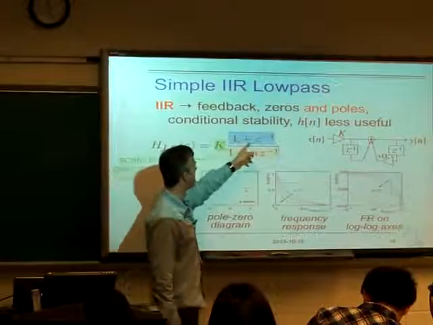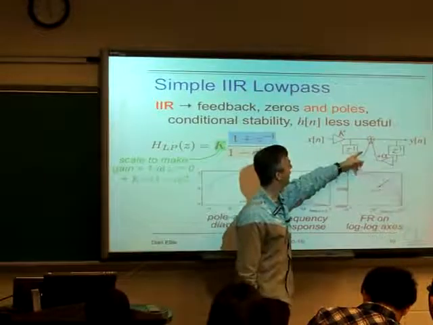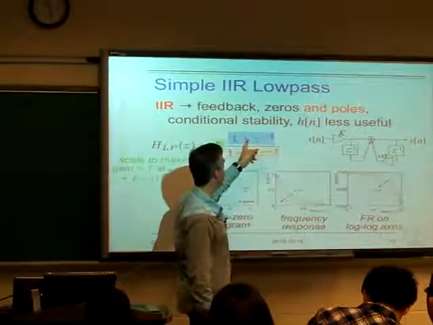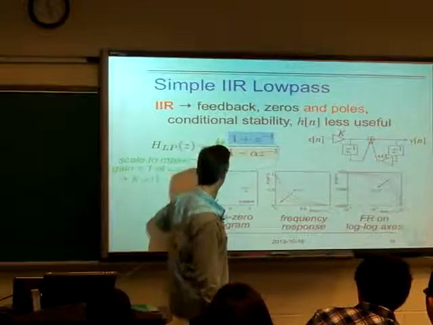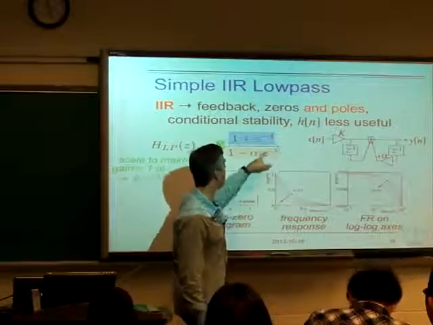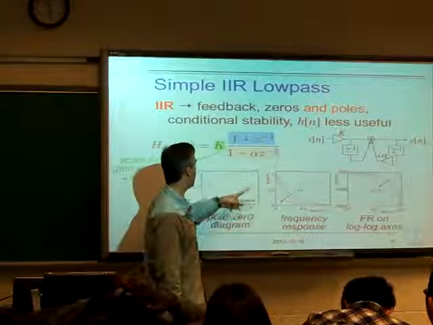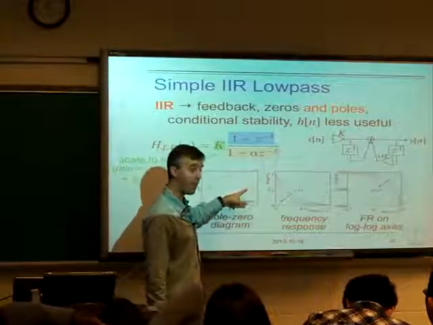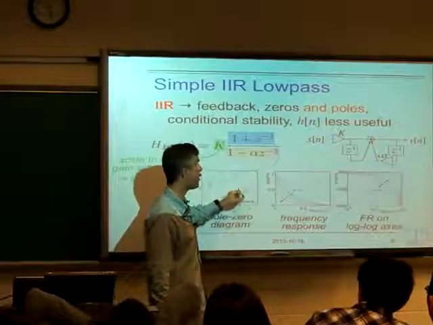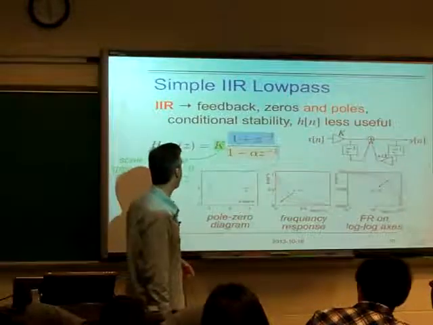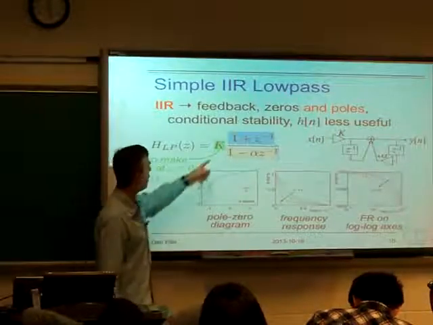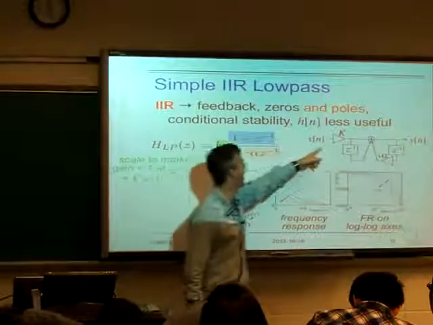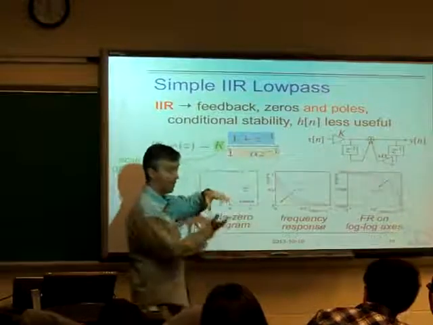And we see that this thing here gives us a 0 at z equal minus 1. And this thing here gives us a pole at z equal alpha, where alpha is now a parameter for our filter. So we actually have a family of filters here, which could be one of these values out here. We have an overall gain k here, and that's just a scaling of the whole thing.